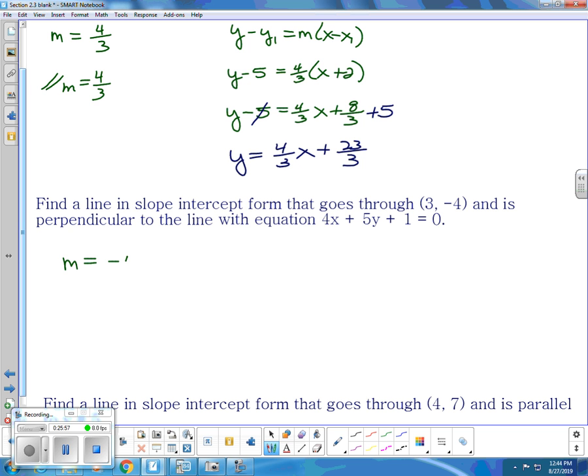Negative a over b, yes? Opposite of the a over the b. What is the perpendicular slope? 5/4, positive, right? And then you're going to use that to write the equation with the point. Okay.